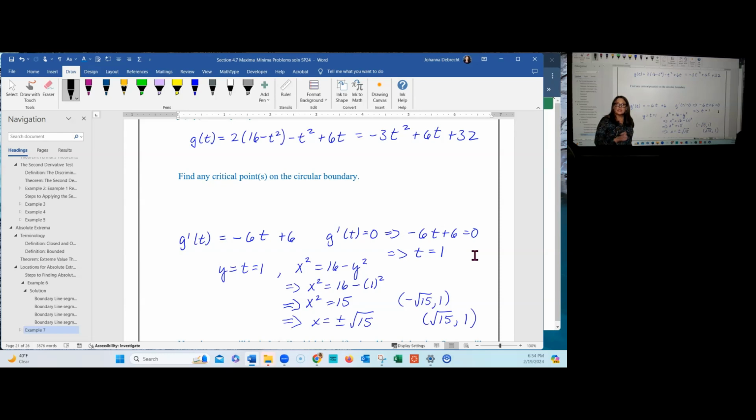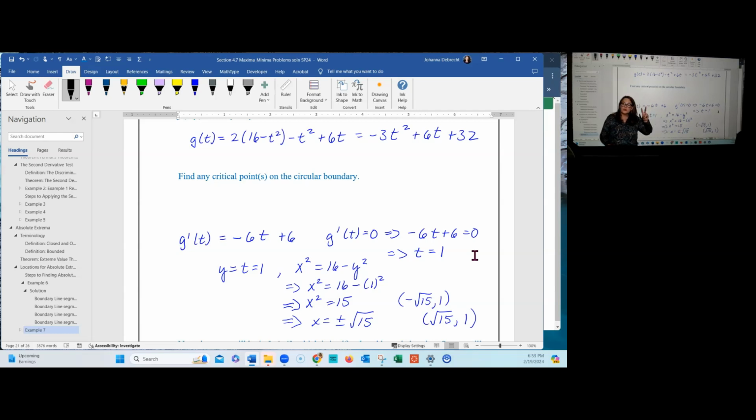But I originally set t to be the y value. So if y, which is t, is 1, and x squared is 16 minus y squared, or 16 minus t squared, then x squared is 16 minus 1 squared, so x squared is 15.